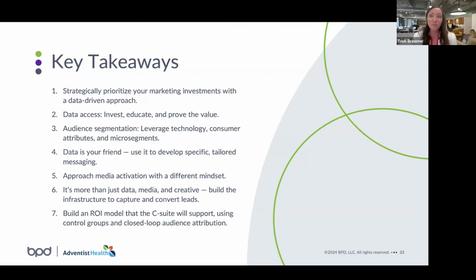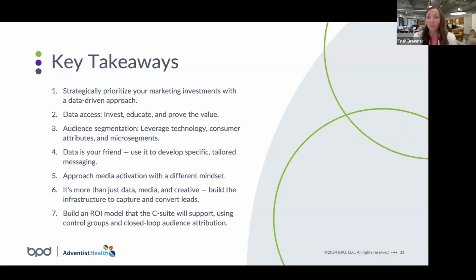Next roadblock was all about media. How do we tackle media activation from a different perspective when we're doing these precision marketing campaigns? So Josh walked us through several different considerations to keep in mind and how we have a different mindset when we're putting together those strategic media plans. And then with all of that, it's more than just the data, the media, and the creative.